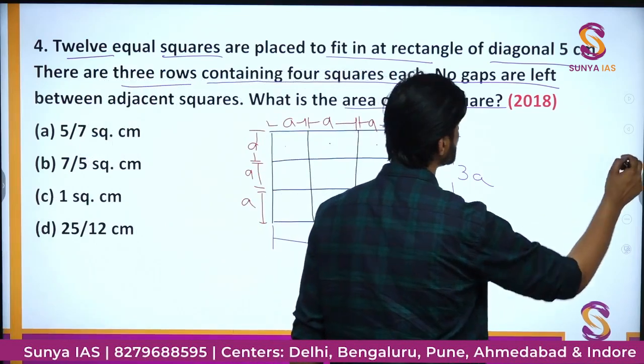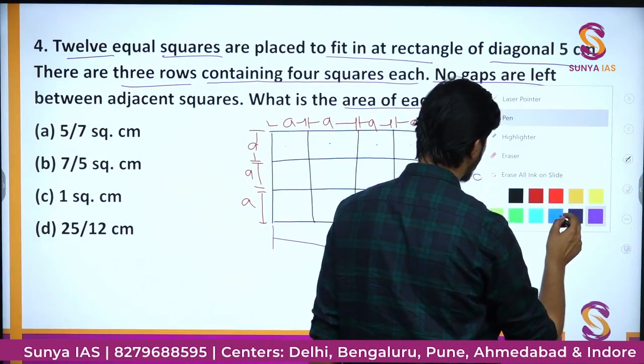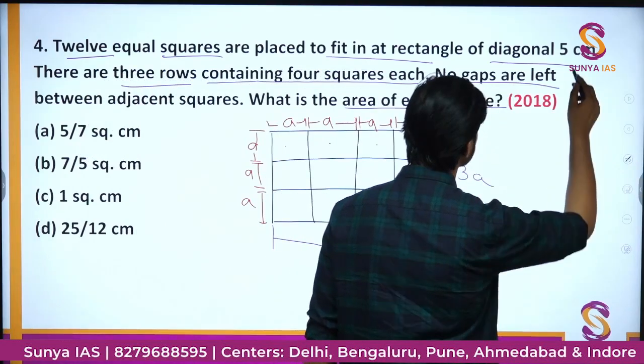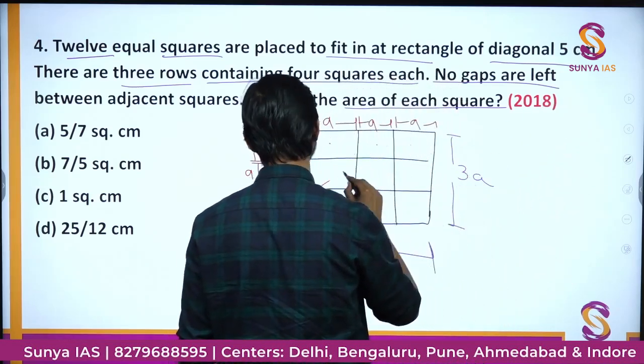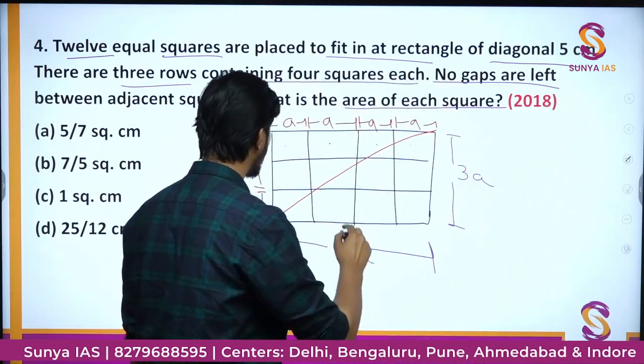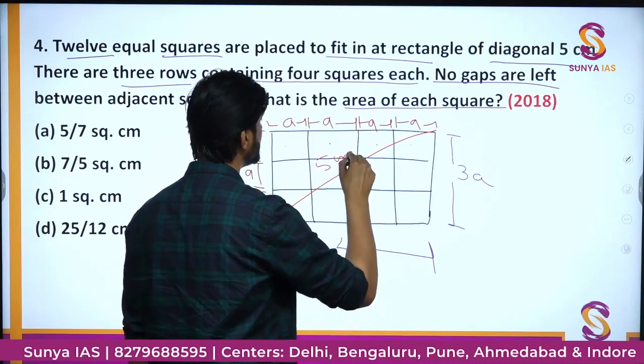After that we can see there is a diagonal, and the diagonal is said to be 5 centimeters. So let us assume this is the diagonal, and this diagonal is 5 centimeters.